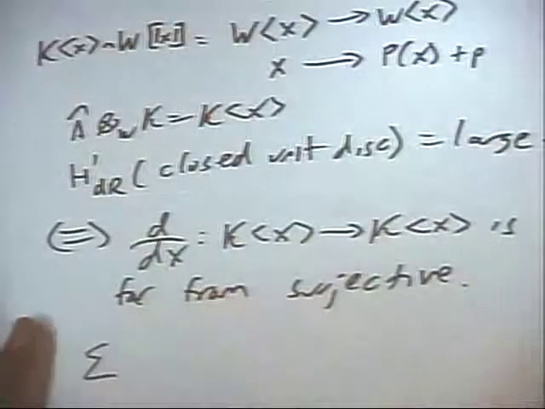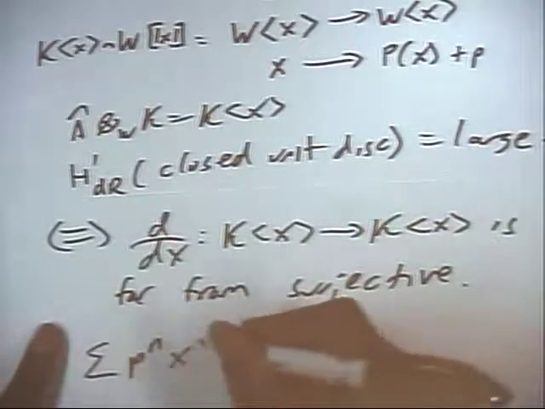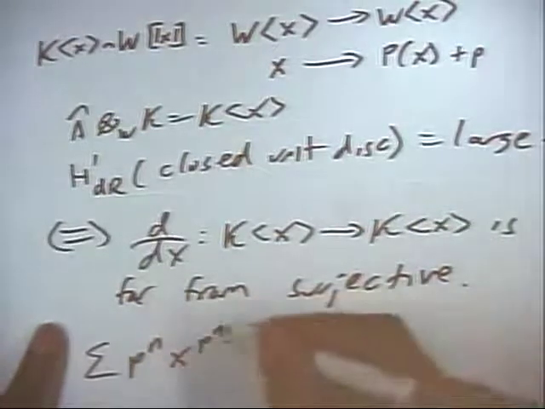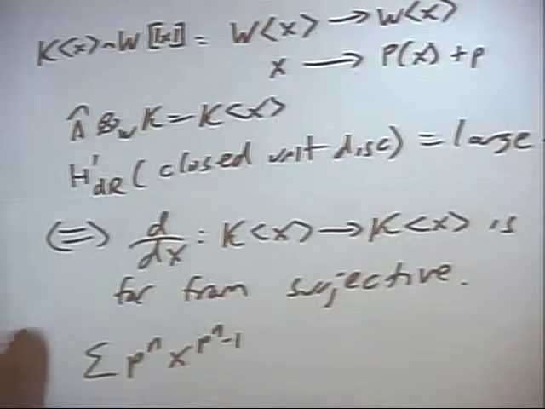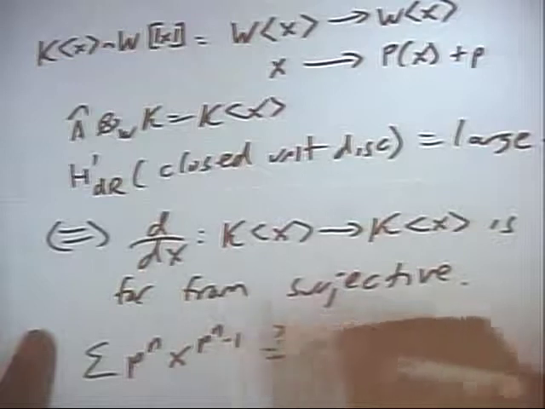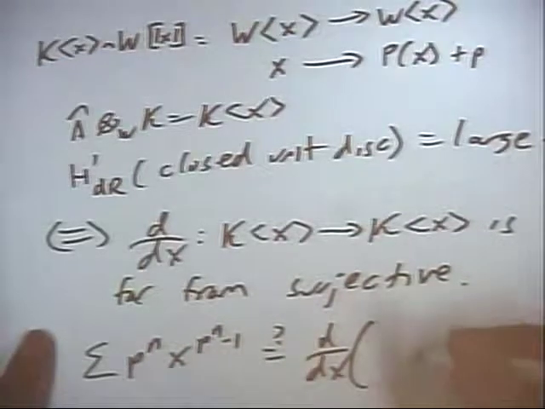So if you take an example like, say, I take this thing, p^n x^(p^n - 1), and I try to take the antiderivative of that. Well, there's some constant which I won't worry about.